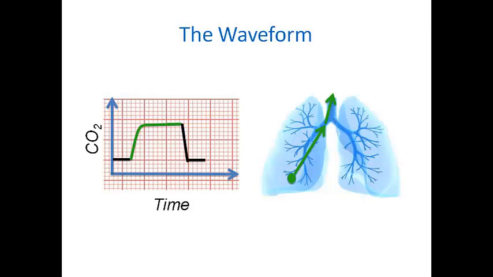What's important about that is this plateau is giving us a real-time reading of the CO2 that was offloaded from the capillaries just before the patient exhaled. The point at the end of the plateau, just before the wave goes back down towards baseline, is associated with our final end-tidal CO2 reading for that ventilation.